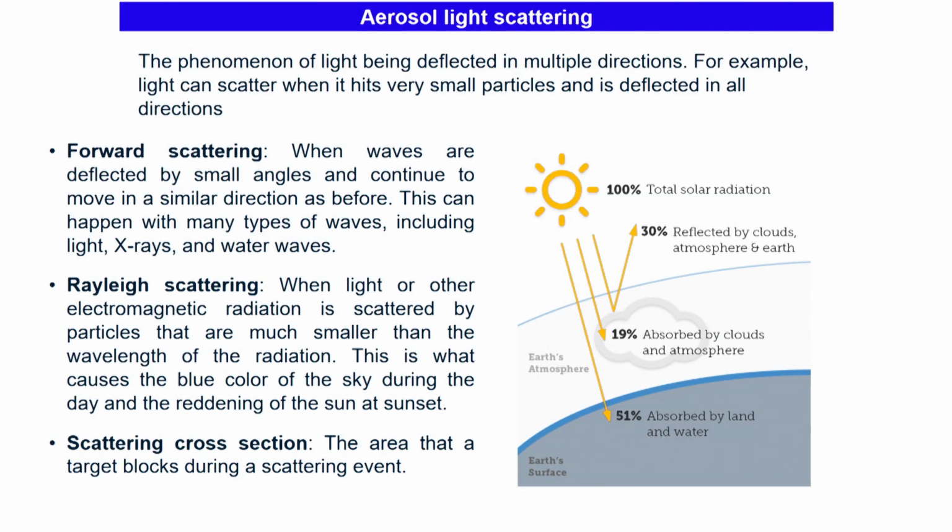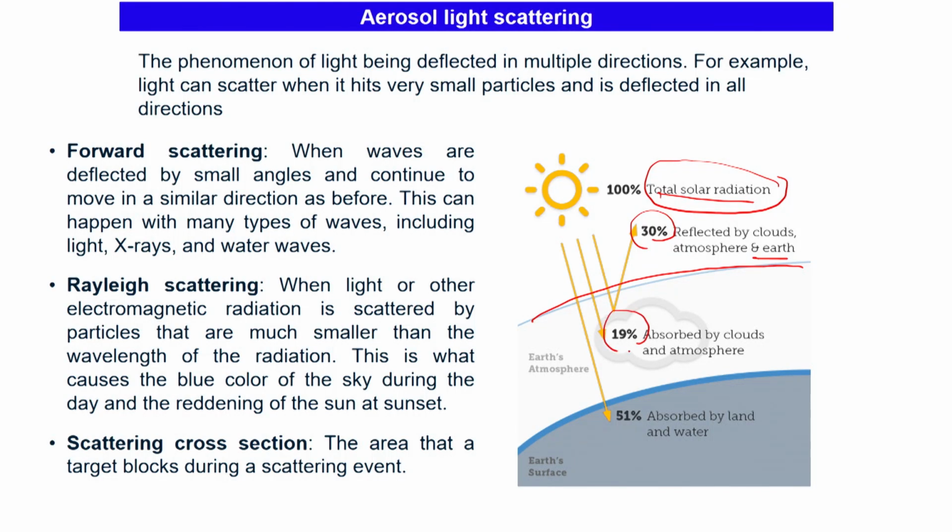When aerosol light scattering is there, for example, you have the sun emitting 100% of the total solar radiation at the top of the atmosphere. Of Earth's atmosphere, about 30% of the radiation will be reflected by the clouds, atmosphere and the earth surface.